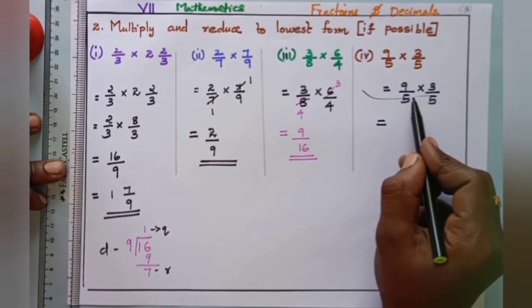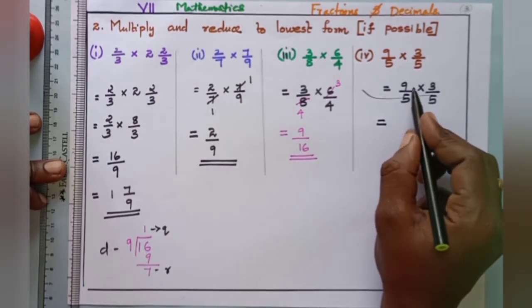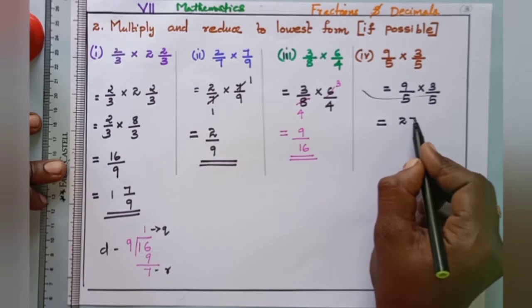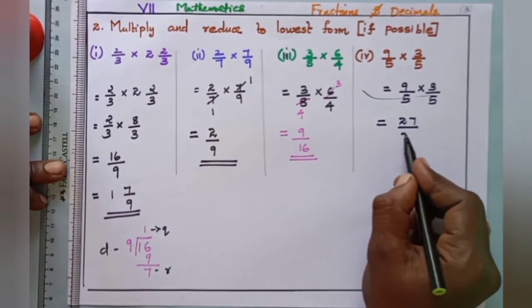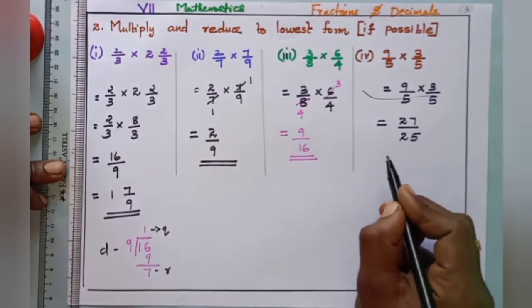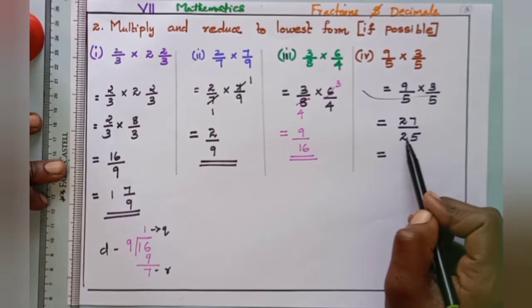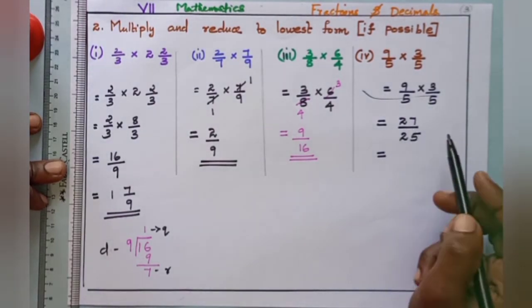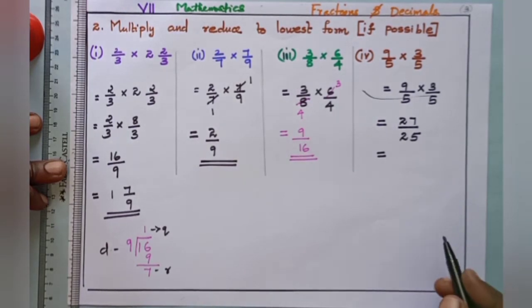So multiply the product of the numerators: 9 into 3, 27, by 5 into 5, 25. Here 27 by 25 is an improper fraction. So change it into a mixed fraction.